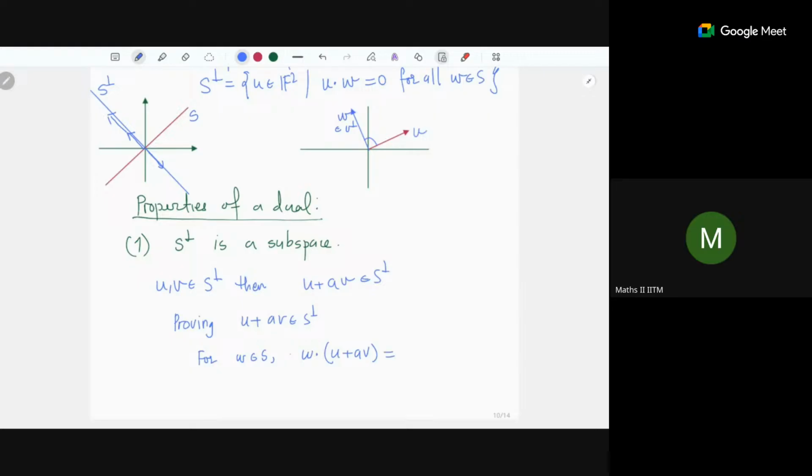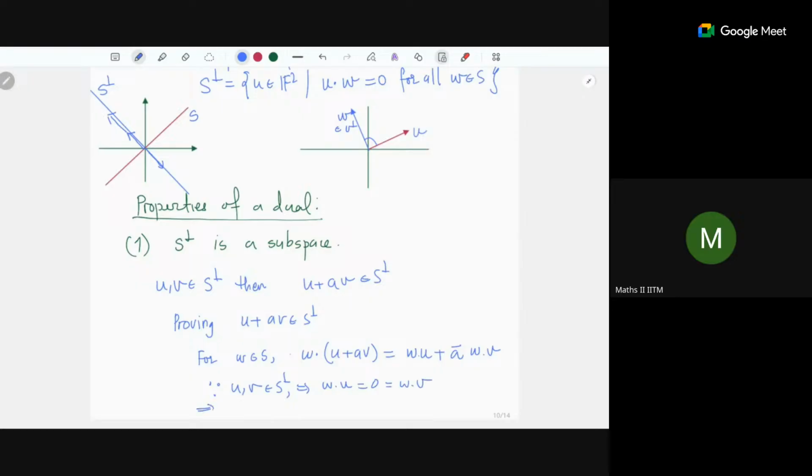Now what is this? You can use conjugate linearity. You will get W dot U plus a bar W dot V. Since U and V are in S perp, W with U and W with V will be 0.